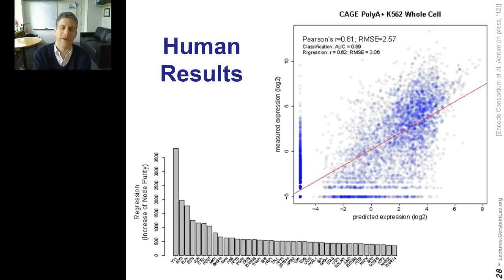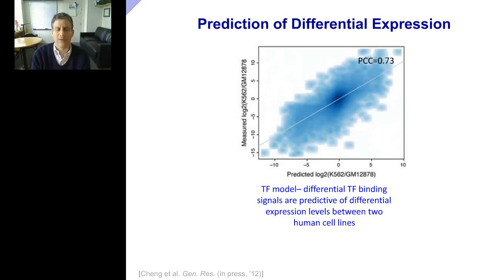And of course, here what we can do is rank many of the TFs by their relative importance in the model, and we can see some TFs, for instance YY1, have greater predictive power than others. The other thing we can do, in addition to predicting the gene expression of a gene, is predict its differential expression.